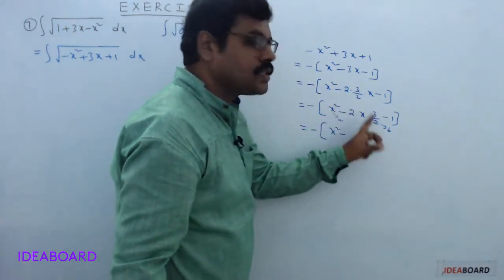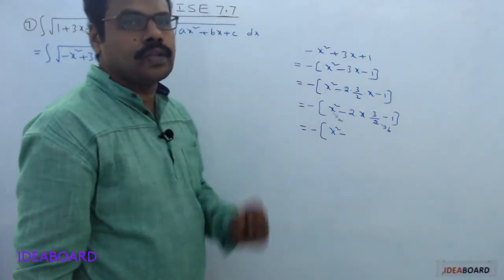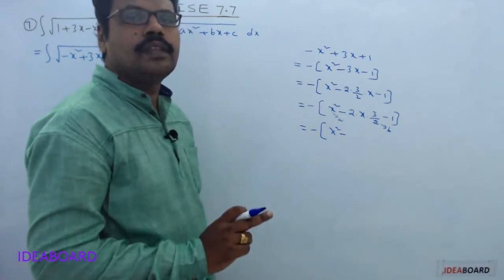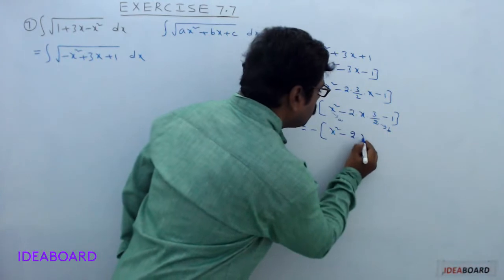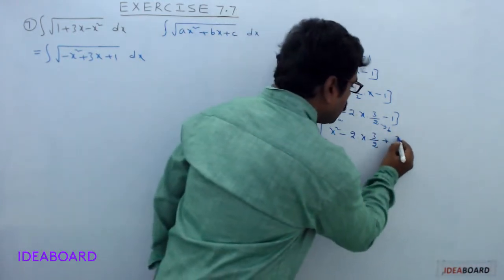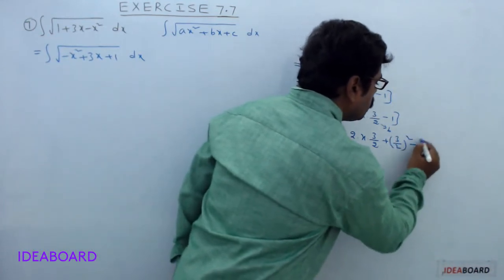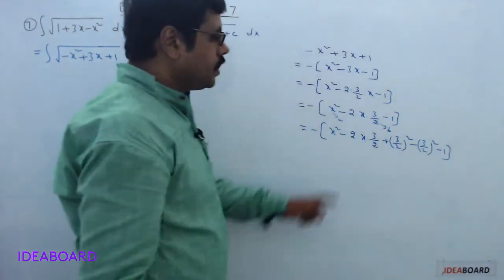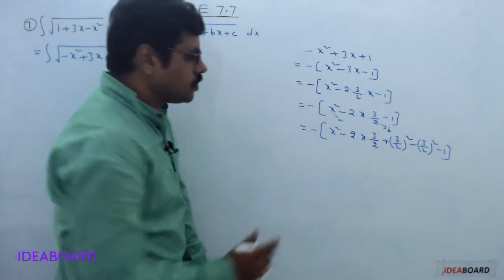To make this expression as a perfect square, we need 3 by 2 whole square. So adding and subtracting 3 by 2 whole square. It is 2 into x into 3 by 2 plus 3 by 2 whole square minus 3 by 2 whole square minus 1.